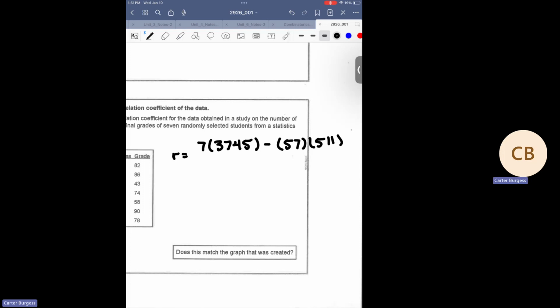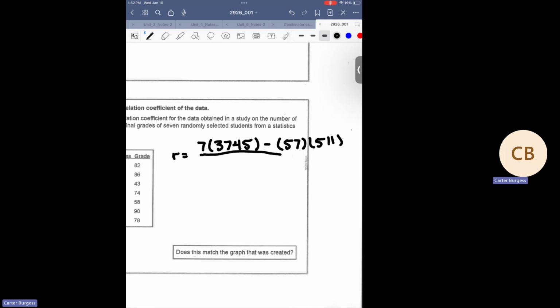Go to stat and then to calc. And so we're just filling in that.